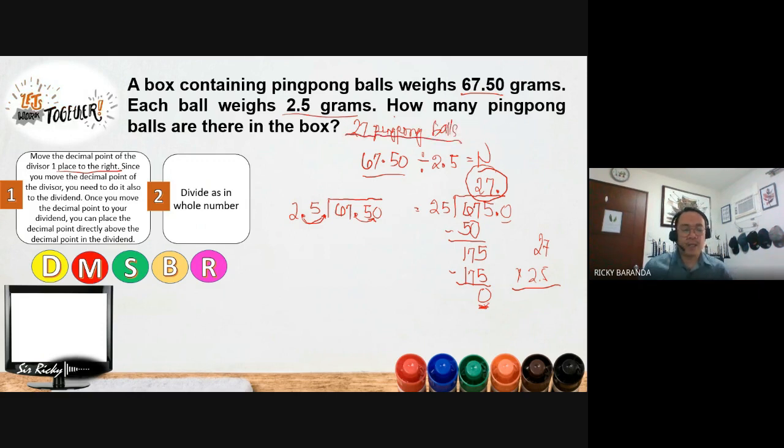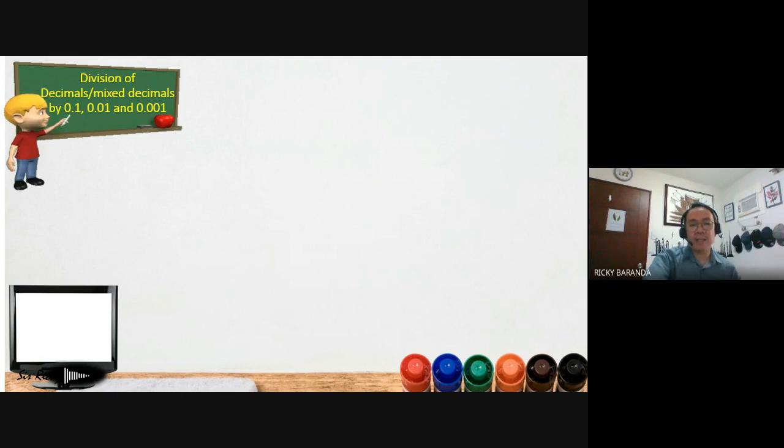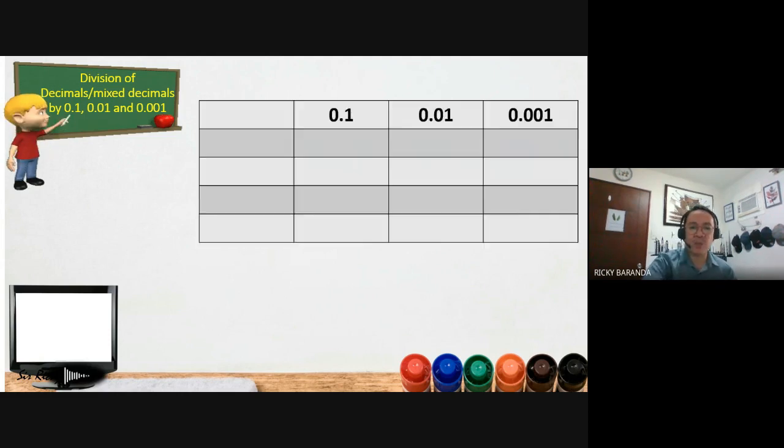Okay. So, hope you get the process on how to divide mixed decimal by another mixed decimal. So dito naman, division of decimal, mixed decimal by tenths, hundreds, and thousands mentally. Ibig sabihin, hindi na tayo gagamit ng long division method, mental na lang. Paano yung proseso?